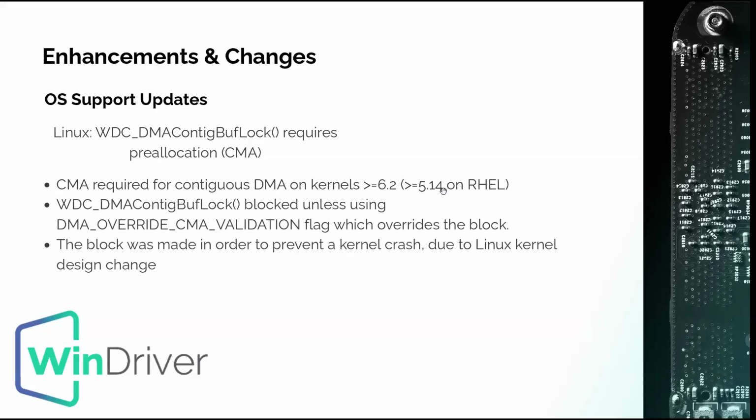So what it made us do is, first of all, block it automatically: not allow contiguous buffer locking unless you use this flag in the function, DMA override CMA validation, which overrides the block. I don't really recommend using it unless you know exactly what you're doing, because otherwise you can get weird crashes with no clear explanation why.